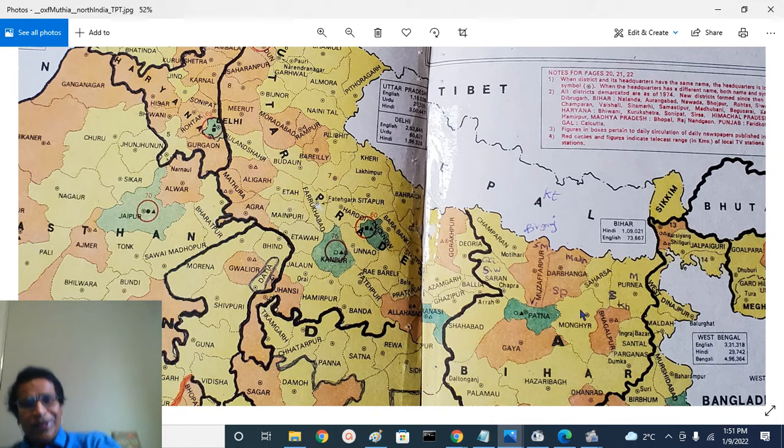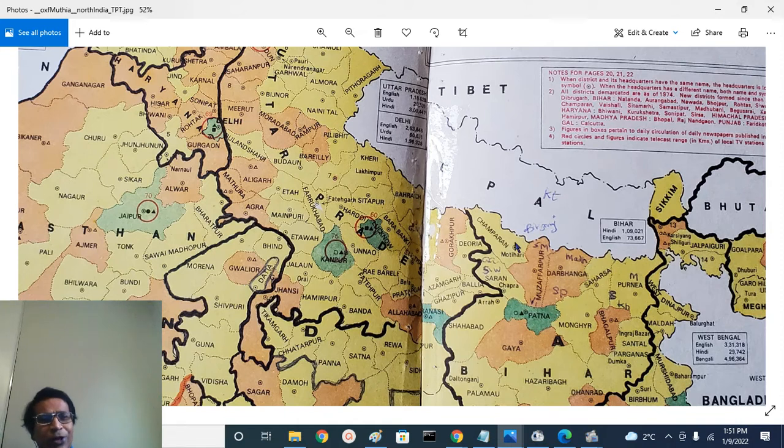And interestingly, there is Kathmandu here, there is Birganj, the border town, that the main railway line goes from Patna to Muzaffarpur and Raxaul and to Birganj and Hetauda and the Kathmandu Valley here.